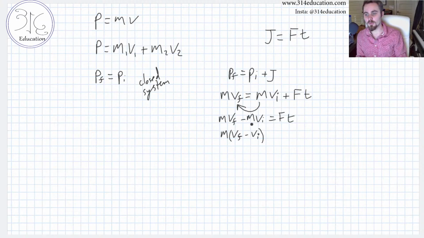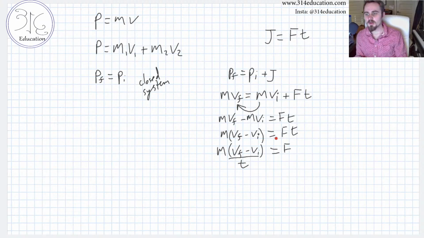If we were to distribute this through using the distributive property, we would get back the same thing we had on the line above. And this is still equal to F times t. Then if we divide by t, we get m times vf minus vi over t, and that's equal to our force.